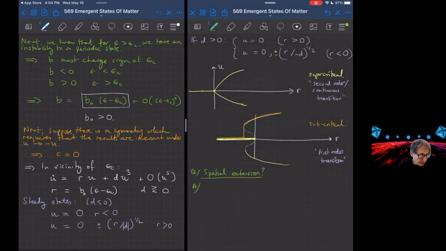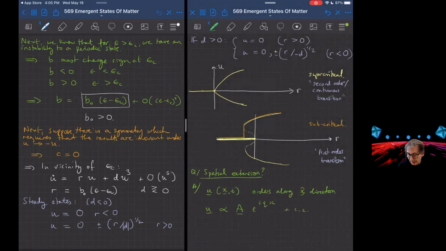So what I want to imagine is that we now have a variable that's not just a simple scalar, but is a field, maybe a vector field, that now depends upon x as well as t. And we're going to assume, for example, that this field orders along the x direction. So then I can write that u is going to be proportional to some amplitude a times a wave e to the iqx in the x direction plus its complex conjugate.